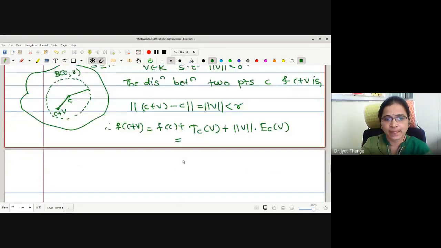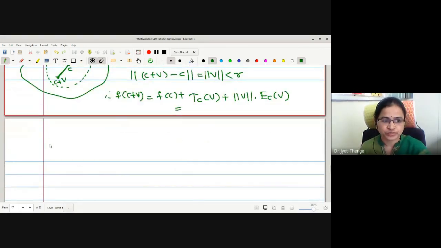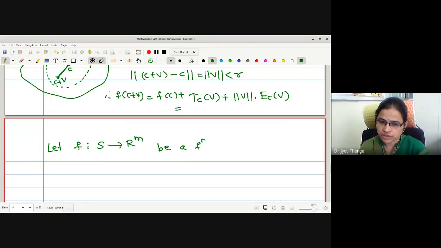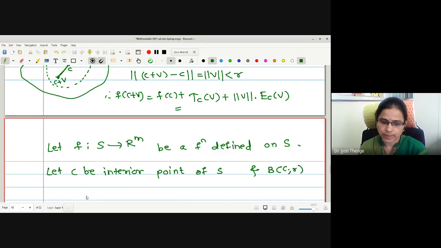Okay. Here I will just write. Let f be a function defined from S to R^m, a function defined on S. Let C be an interior point of S and B(C, R) be an n-ball.